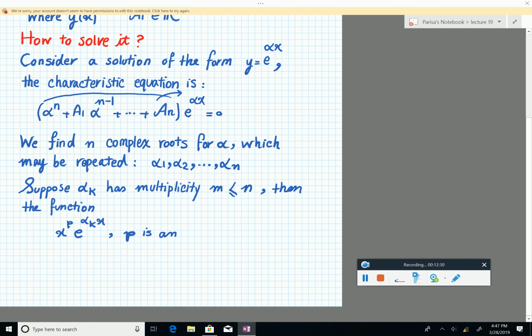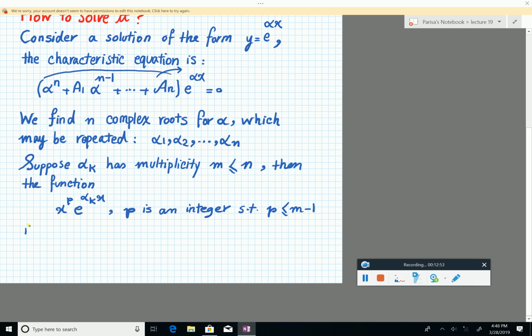And Gerald is proof that you have seen this somewhere. Okay. Then everything is okay. Then you just build these solutions, and again, linear combination will be the solution. Okay. Perfect.